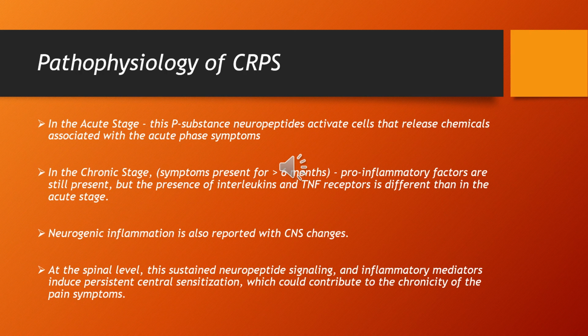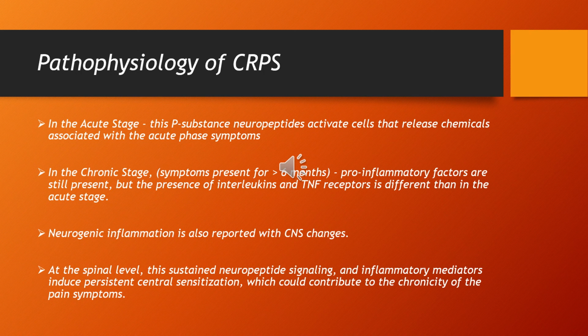But finishing the pathophysiologic cellular level we want to discuss here, I wanted to mention that substance P in the acute stage activates the mast cells that release chemicals. So these chemicals that the mast cells release are histamine and serotonin. So as you see, we're starting to get an inflammatory response due to substance P. And these are associated with the acute phase symptoms, which makes sense.